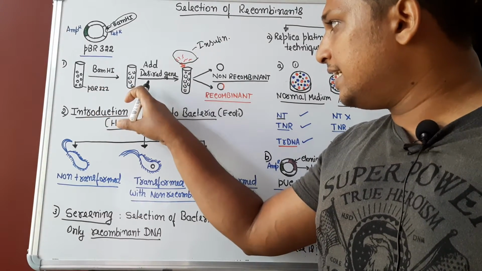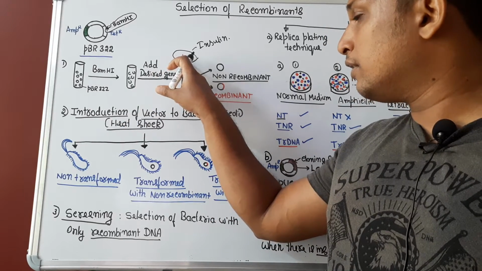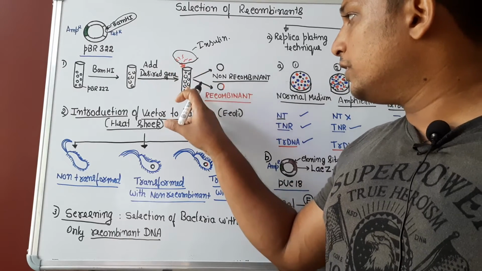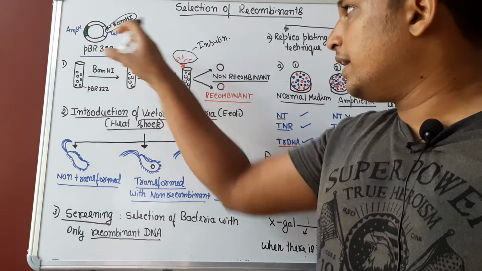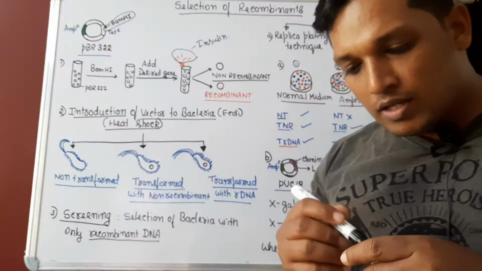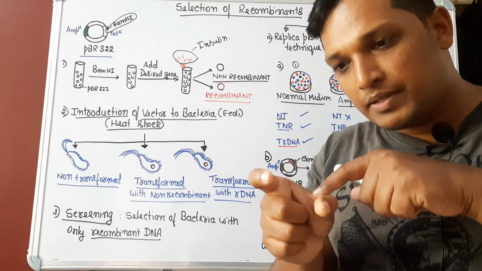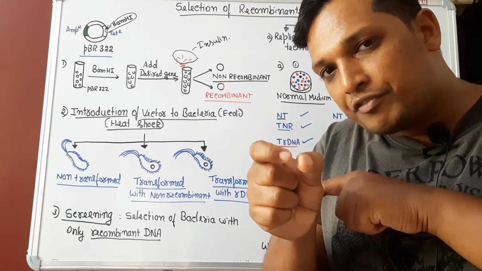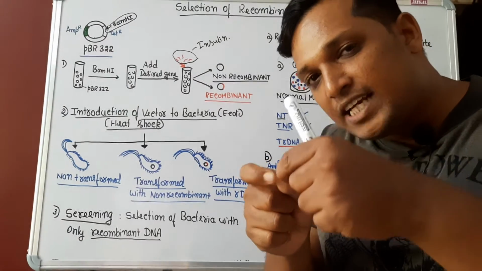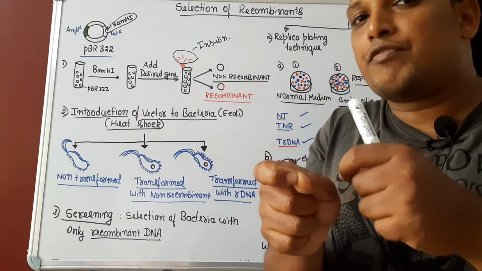Since the cut has generated sticky ends, there is going to be combining of the foreign gene to the site where you have made the cut. But because of the cut in the plasmid, there can be a possibility of self ligation. Instead of your foreign gene sticking onto that place, the pBR itself would have self ligated.